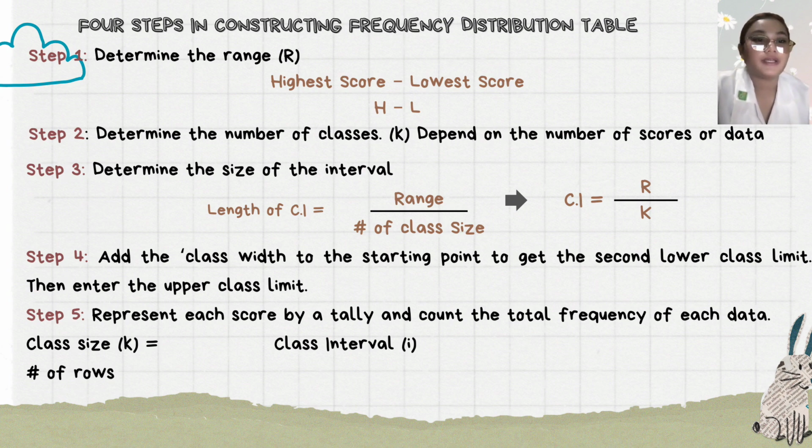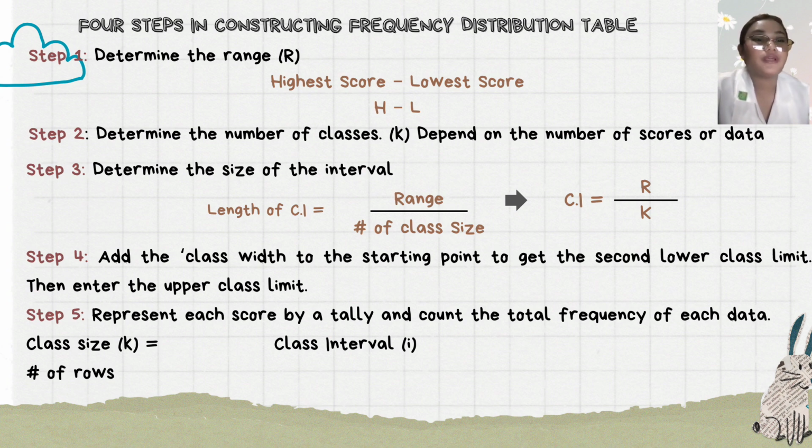Okay, step 3. Determine the size of interval. So, paano natin siya makukuha? So, class interval is equal to range, which is the step 1, divided by number of classes, which is step 2, is equal to class interval or class size of interval. So, step 4.